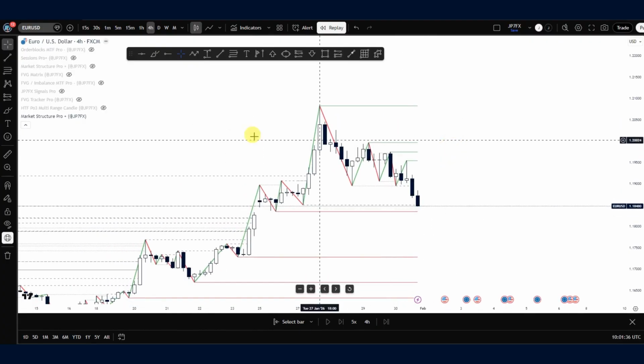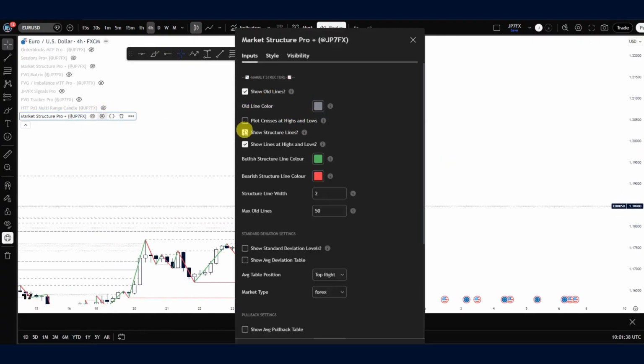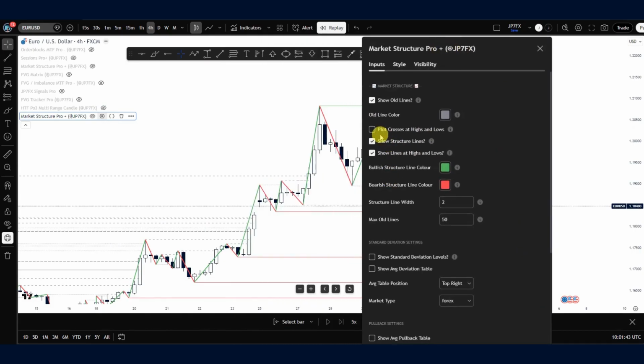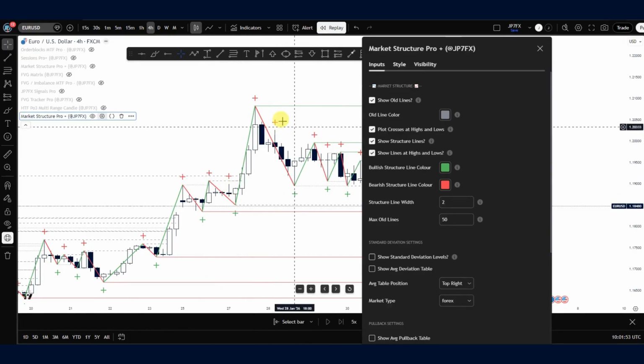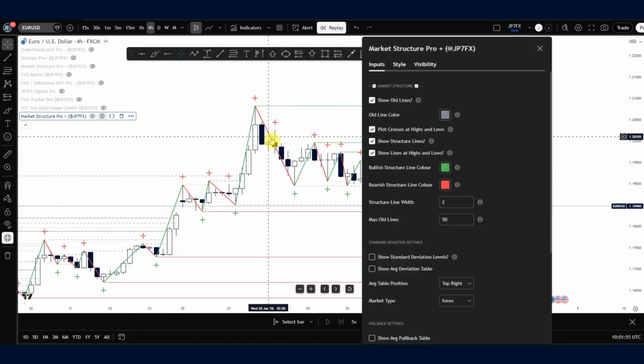So what we have here is the lines at highs and lows. We can also have plot crosses at highs and lows if you really want that. It gets a little bit messy, and what you will notice is, like this, for example, here, that this has plotted a high.